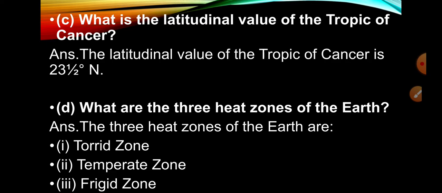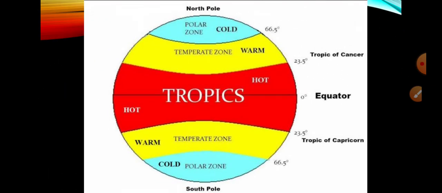Question number 4. What are the 3 heat zones of the earth? If you have read the chapter properly, you can answer it. They are torrid zone, temperate zone and frigid zone. You can also draw this diagram to make your answer more clear.